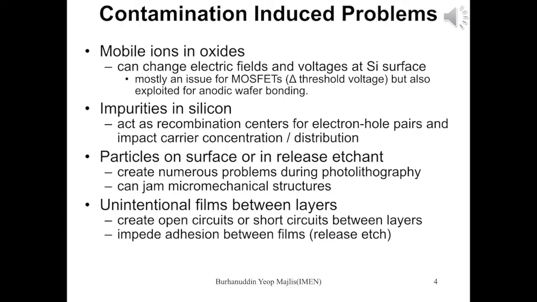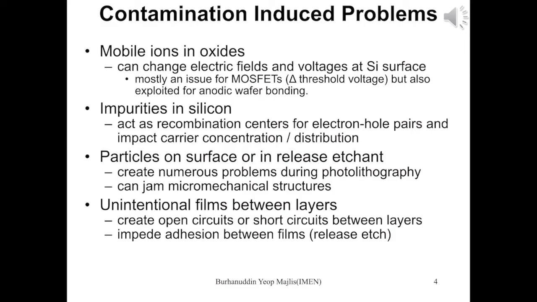This oxide ion, normally positive charge, can change the electric field and voltage at the silicon surface, mostly an issue for MOSFET transistor, but also exploited for anodic wafer bonding in MEMS fabrication.